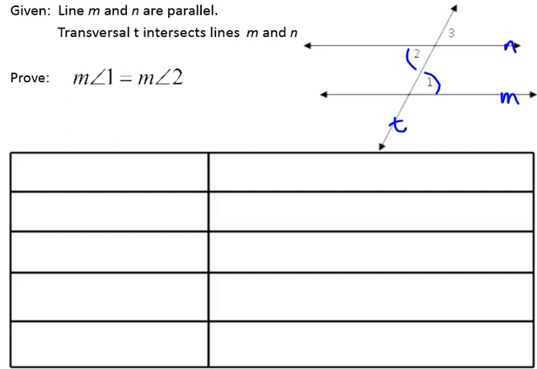So, what kind of angles are 1 and 2? Alternate interior. And we already know that if the lines are parallel, which was given, then alternate interior angles are equal in measure. When you see something like that, you think, oh, we have a theorem that says that. We do. That's what we're trying to prove, that theorem.